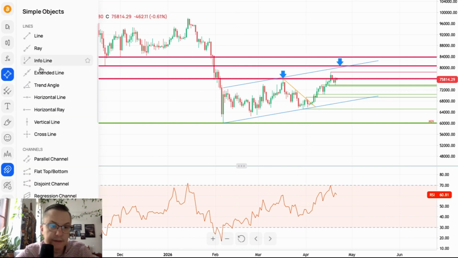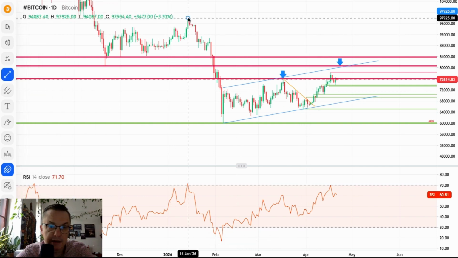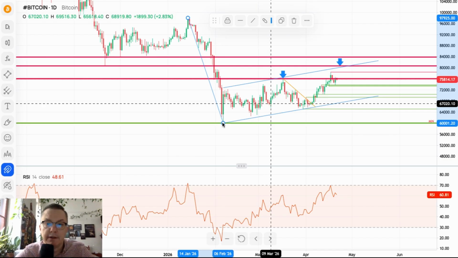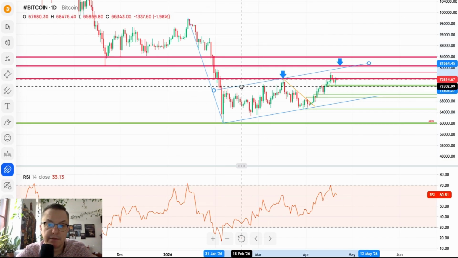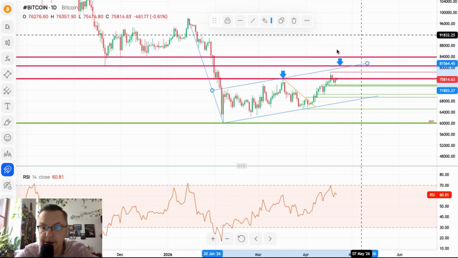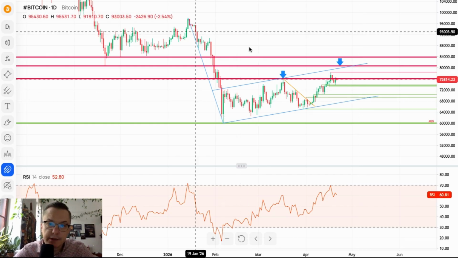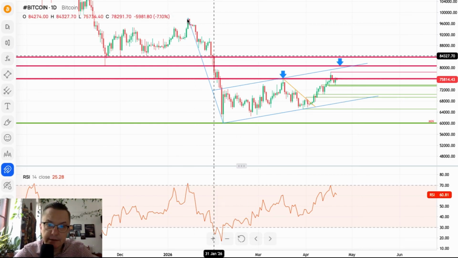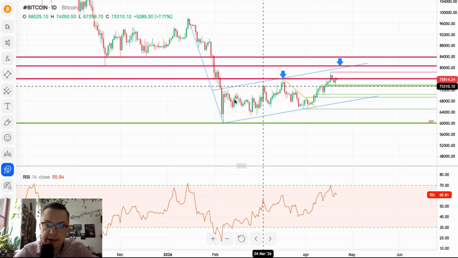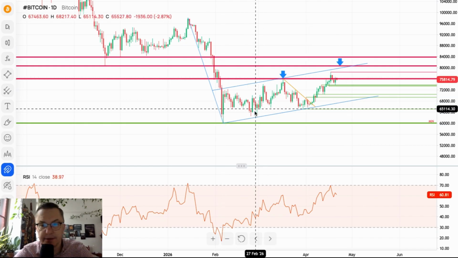The pole would be, in that situation, from the swing high to the swing low, there you go, and you might have the flag pattern. But the amount of time we spent here and here is completely different, right?